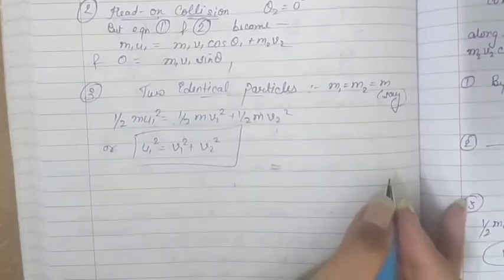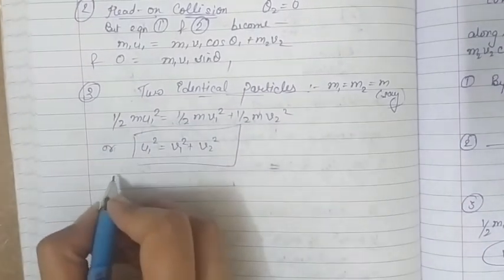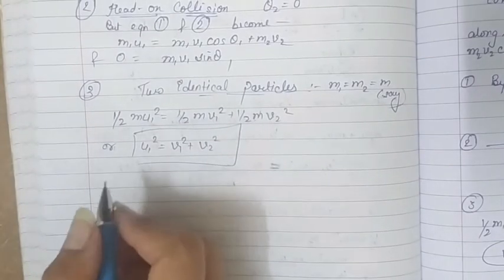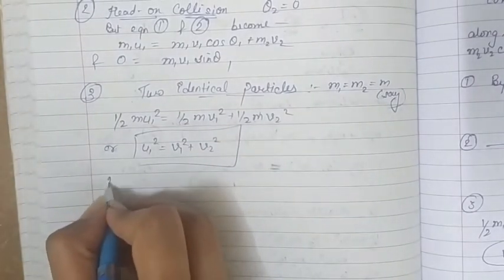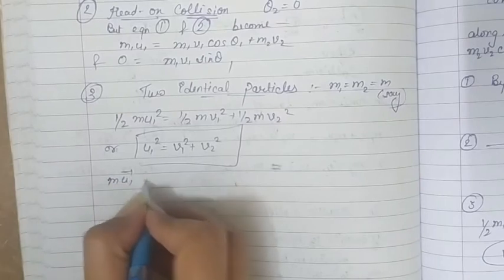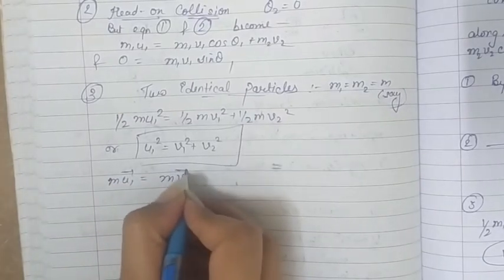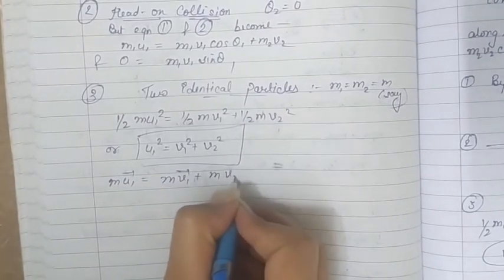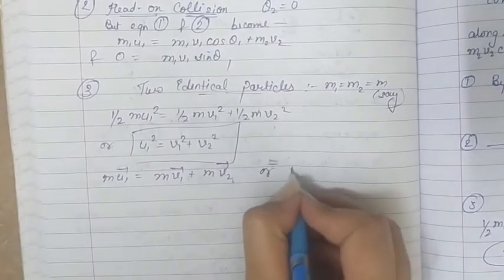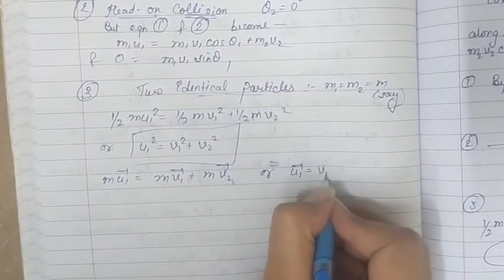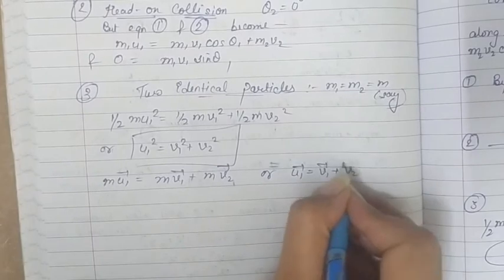Also, by the conservation of linear momentum, writing it in vector form, we get m u1 vector is equal to m v1 vector plus m v2 vector, or u1 vector is equal to v1 vector plus v2 vector.